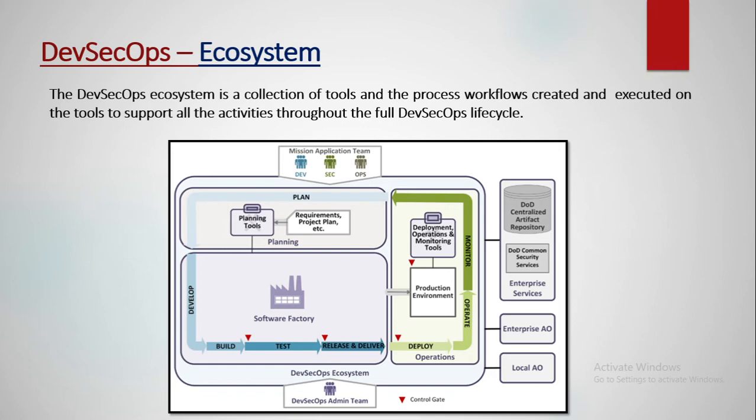The DevSecOps administration team is responsible for administrating the ecosystem tools and automating the process workflows. This is the picture of the DevSecOps ecosystem. Okay, that's all about the DevSecOps ecosystem. Now we will move to the next slide.